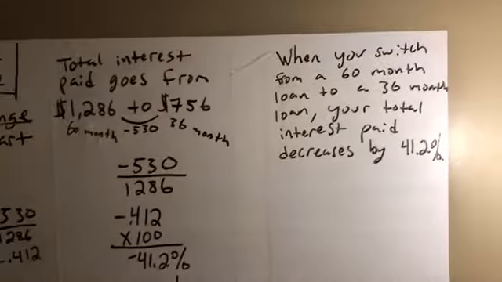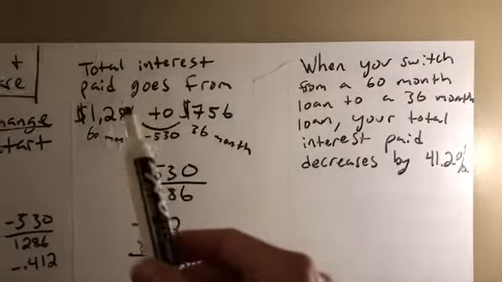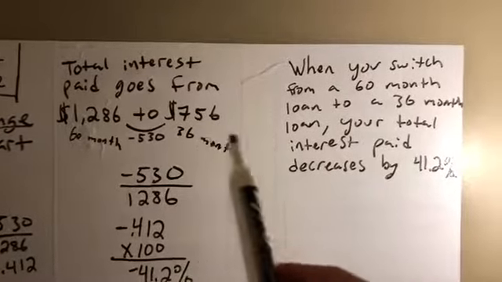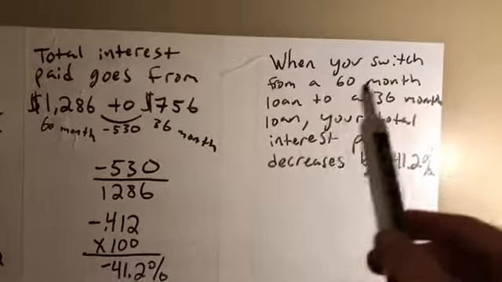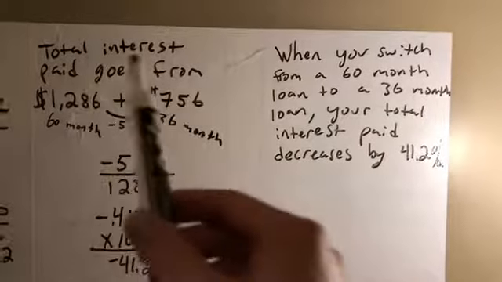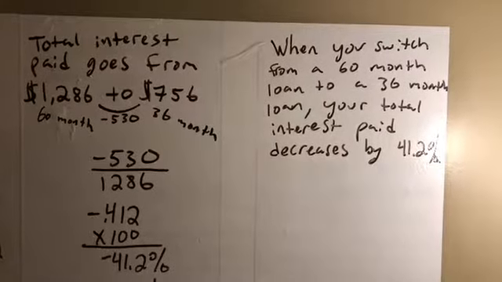That's one way you can conclude this. If that was where you got your interest numbers from, 60 month and 36, then you can say, oh, well, when you go from 60 months to 36, the total interest paid decreases by 41.2%.